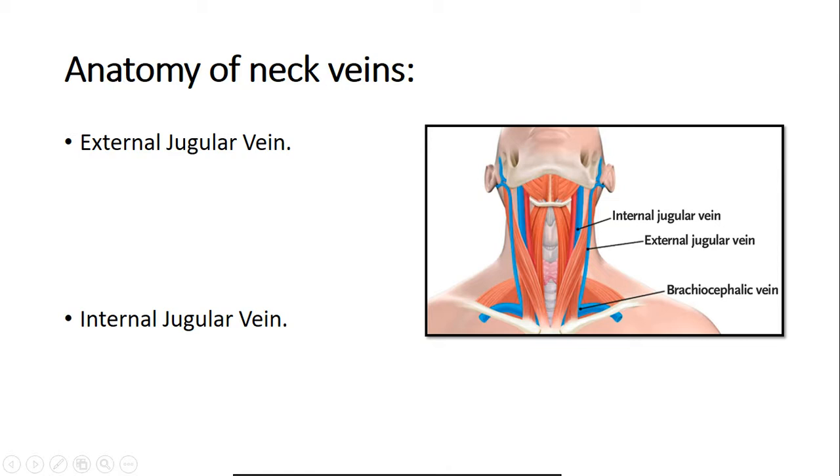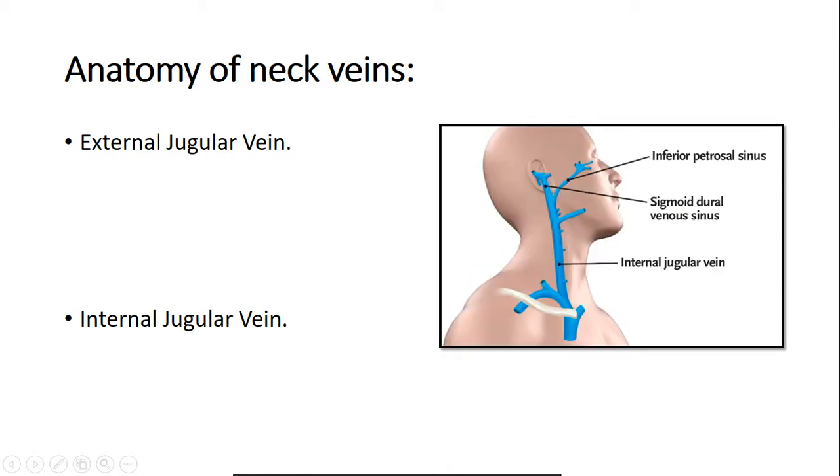Another photo. This is the internal jugular vein. This is the external jugular vein. This is the right subclavian vein, and this is the brachiocephalic vein on the left side. The brachiocephalic vein joins the right subclavian vein to make the superior vena cava.